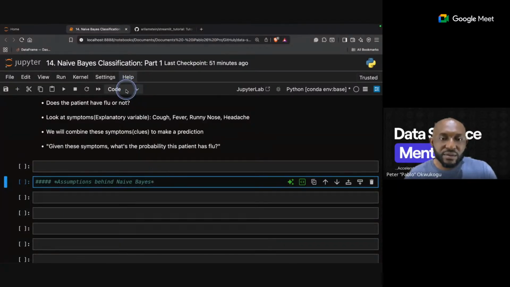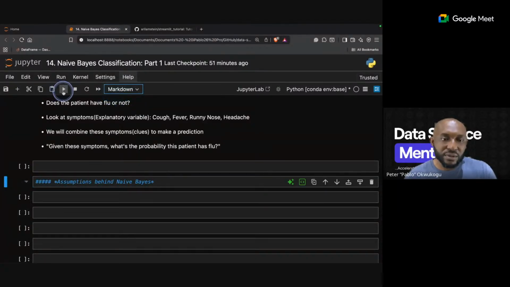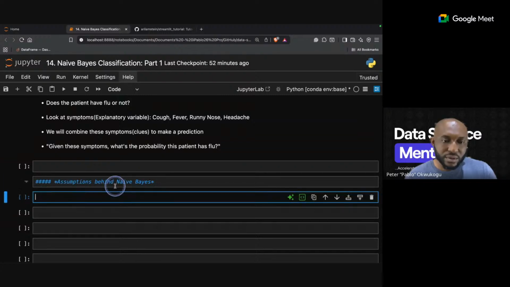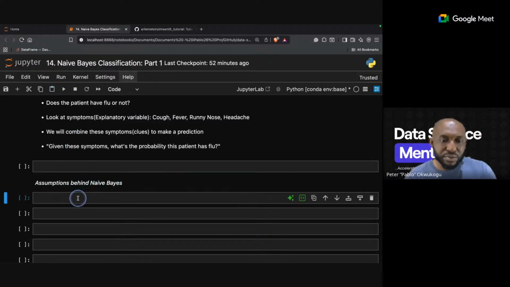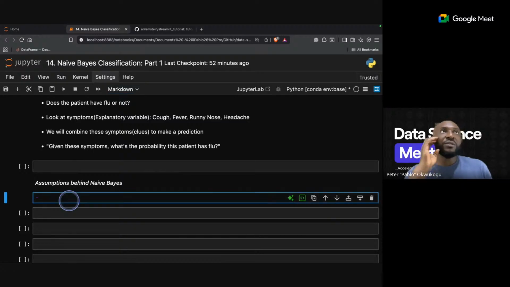Now, let's look at a few assumptions. One assumption is that all the features, which are the symptoms here, are independent of each other.